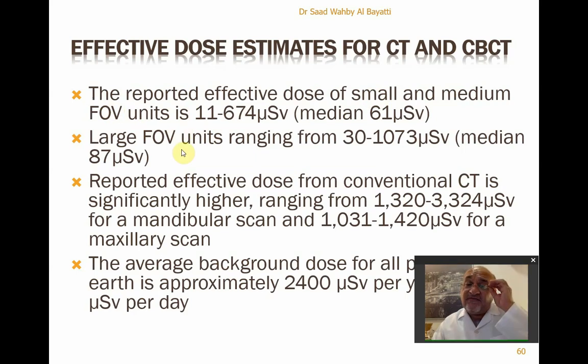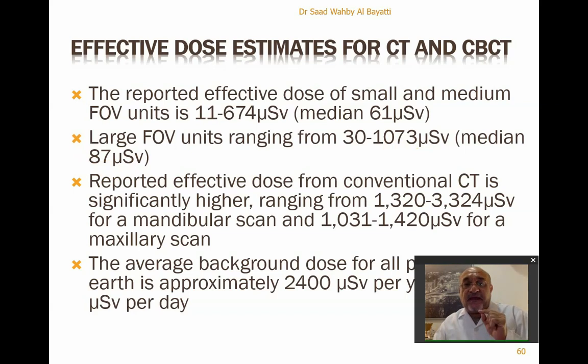If you increase the field of view, then of course the exposure to the patient will increase consequently, and it will range between 30 to 1000 microsieverts. So the average is around 87 microsieverts.